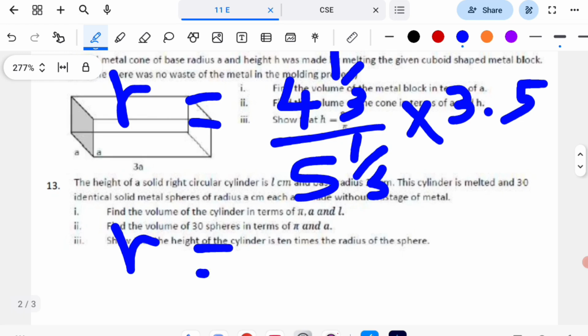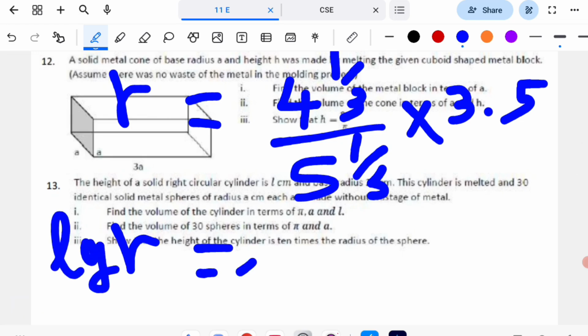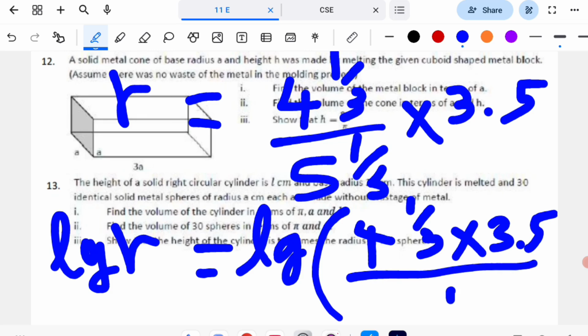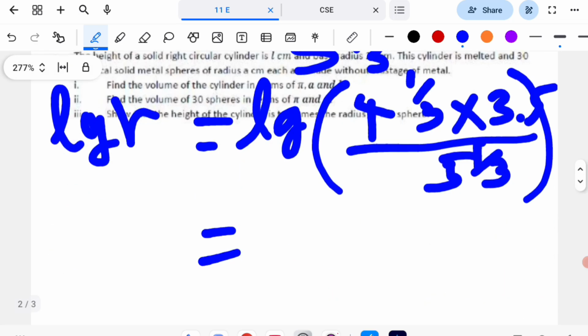Then we can put log to both sides. Log r equals log of 4 to the power 1 over 3 multiplied by 3.5 divided by 5 to the power 1 over 3. Then we have to find log values.